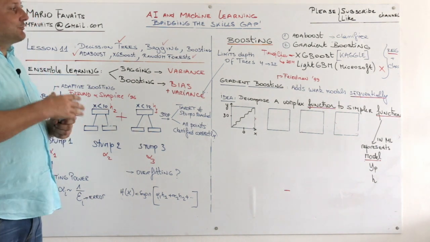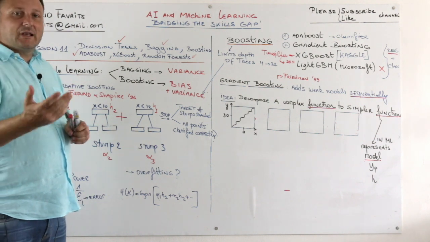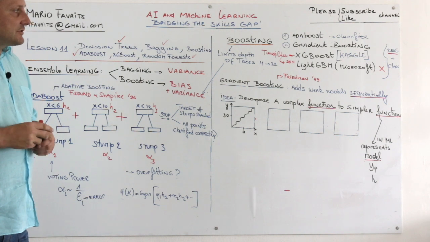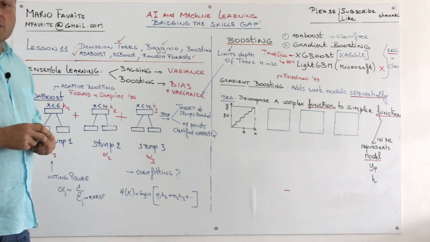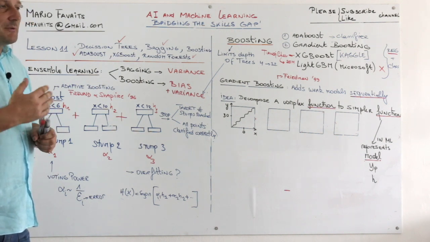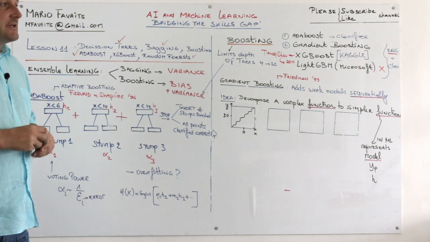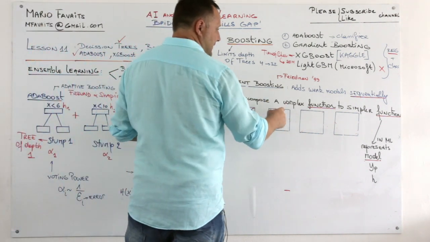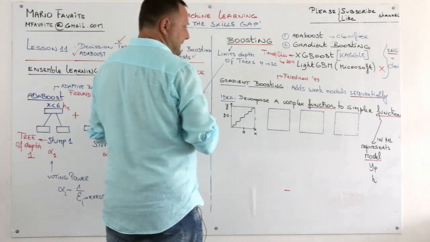For regression, we will use something like the mean squared error, whereas for classification, we go for a log loss. Remember, for logistic regression, it was minus the log of the likelihood. So you see a log loss in classification.